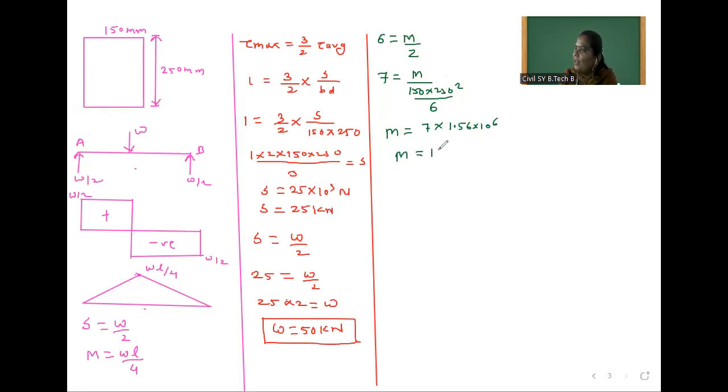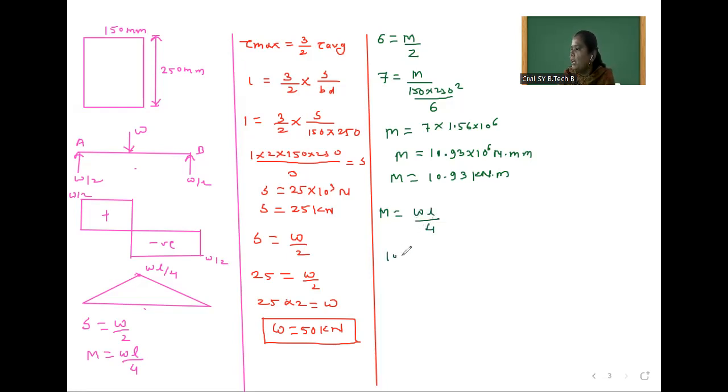So the moment is equal to, as we already calculated, 10.93 into 10 raised to 6 Newton mm, and in kilonewton meter, 10.93 kilonewton meter. So this is the moment. Once you have the moment, now we will apply the moment formula WL by 4.